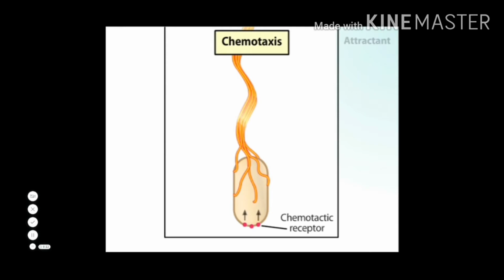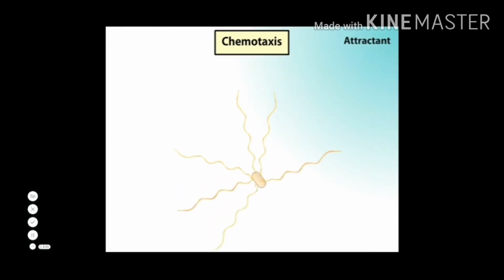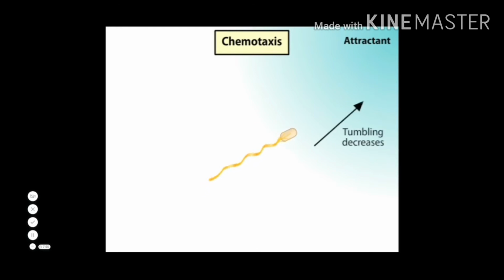If it is a chemical present as an attractant such as nutrient, then the chemoreceptors found in its body will sense these attractants and will bring certain changes in the flagellar movement so that bacteria will move towards this attractant.